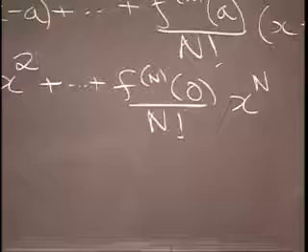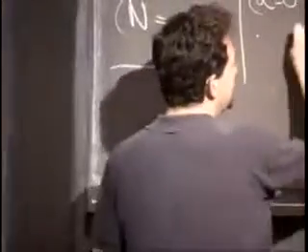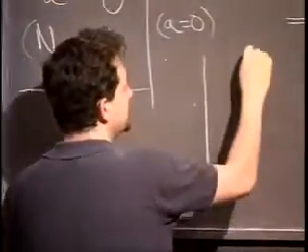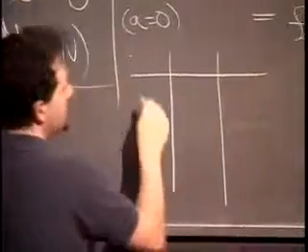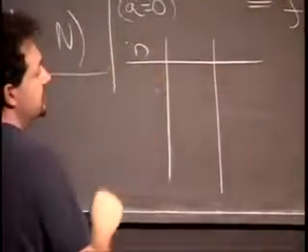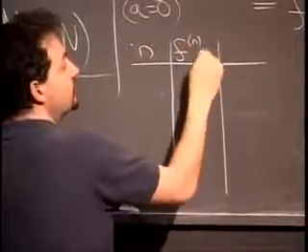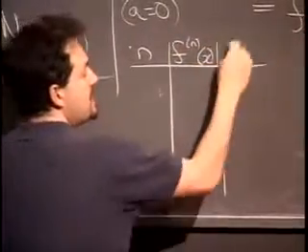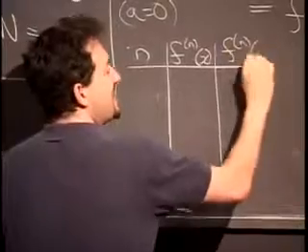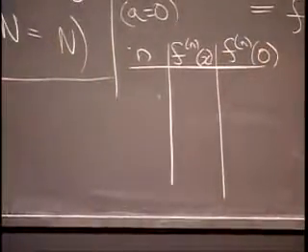Now, we're going to need to know all the derivatives of f. And luckily, e to the x is a very, very simple function. What I'm going to do is set up a little table that looks like this. I'm going to write n here. I'm going to put the nth derivative of f in general, and then the nth derivative at the special point a, which happens to be 0.